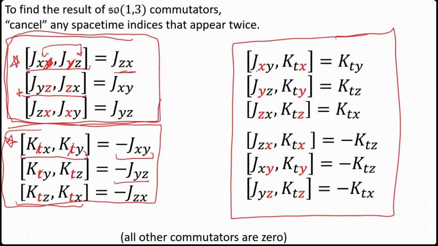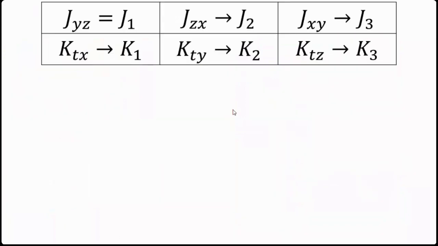The way it's written here is a bit confusing. As I said, you can cancel whatever shows up twice, but you can get signs that pop up that are hard to remember. Another way of writing it is we can write YZ as J1, ZX as J2, XY as J3. And now the trick is to get K1, we use the 2 variables that we didn't use in J1.